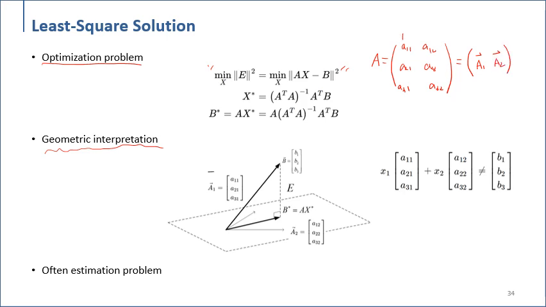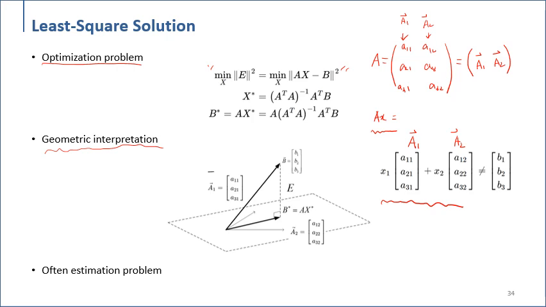The product between a matrix and a vector is simply a linear combination of the A1 vector and the A2 vector.